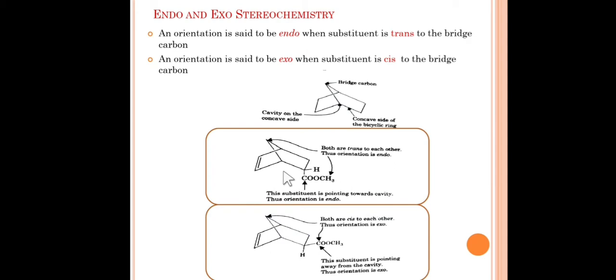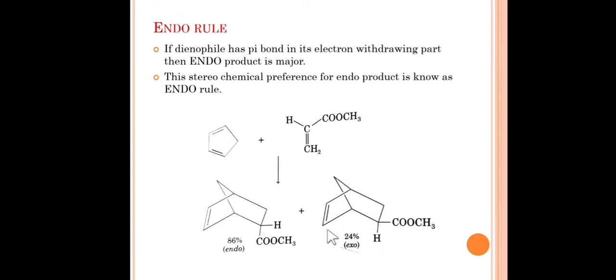If we consider the steric effect, then on a regular basis we study that the exo product is more stable, but this is not the case in cycloaddition reactions. Due to the endo effect, we get the endo product as the major product. Why? Let's see what is meant by the endo rule.